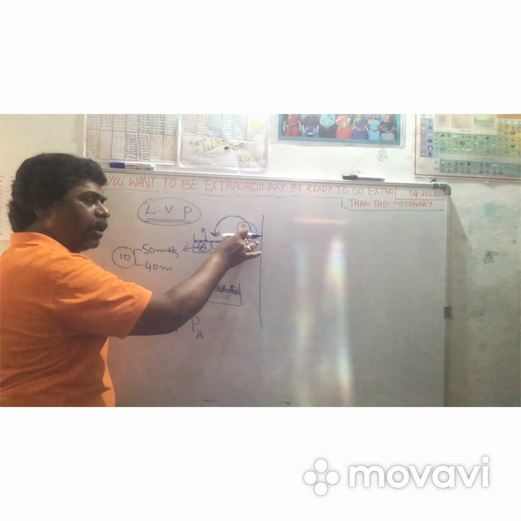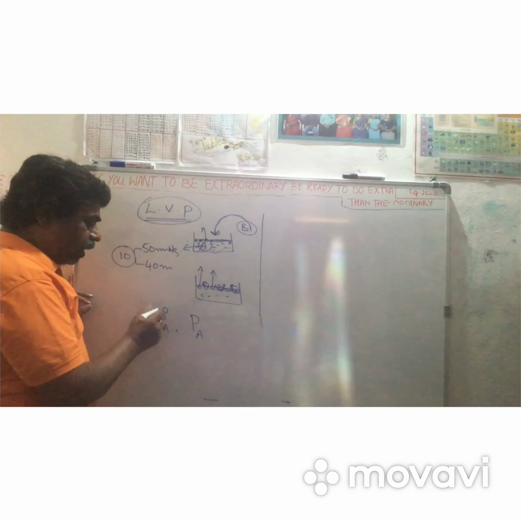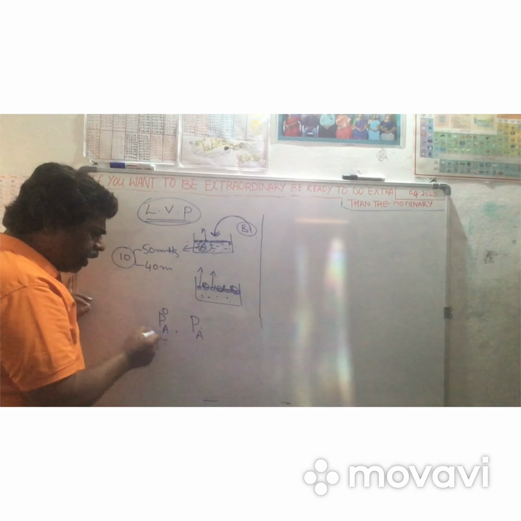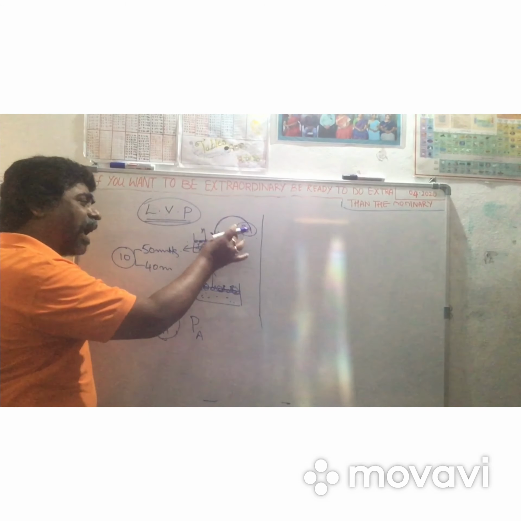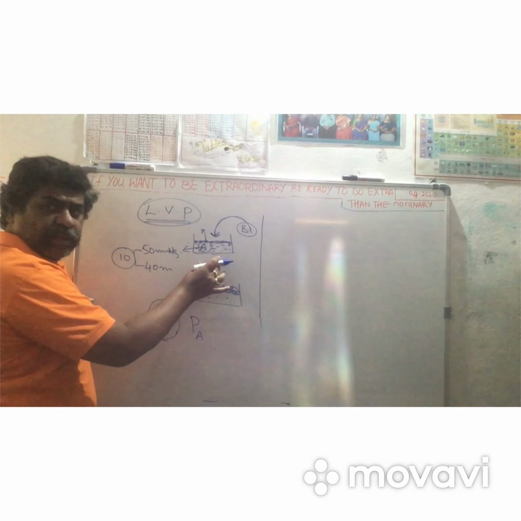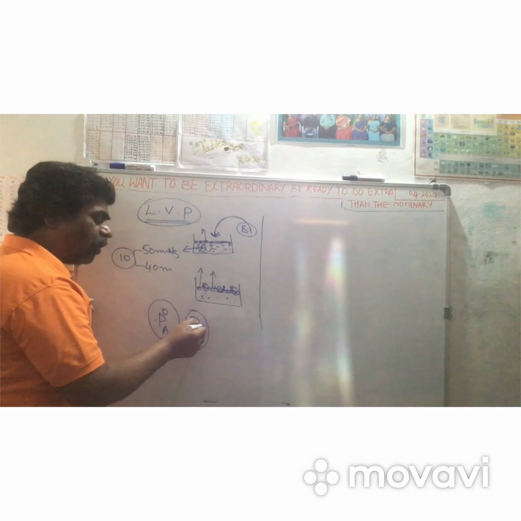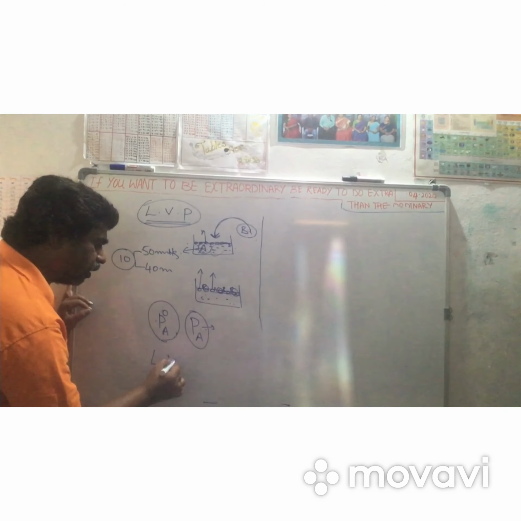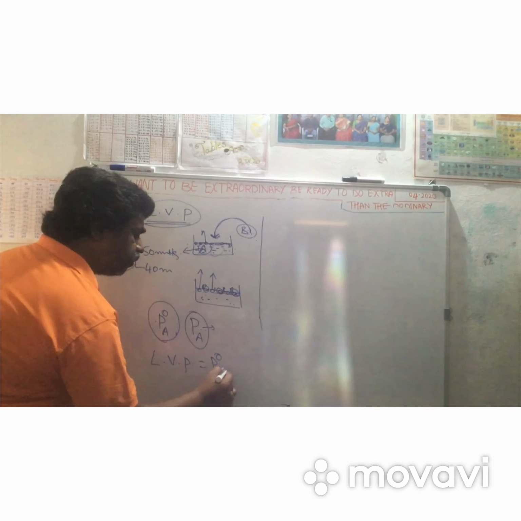It is non-volatile in nature. Non-volatile means it cannot be converted into vapor form. So before adding solute, the pure liquid has vapor pressure P naught A. After adding solute, the vapor pressure decreases and becomes P of A. So the lowering of vapor pressure is equal to P naught A minus P of A.